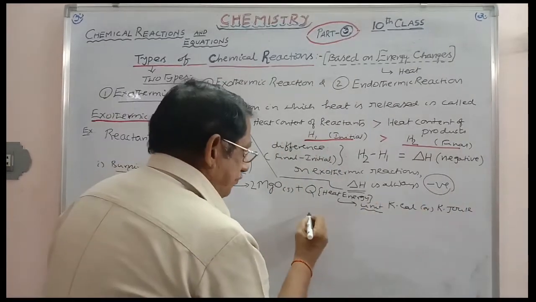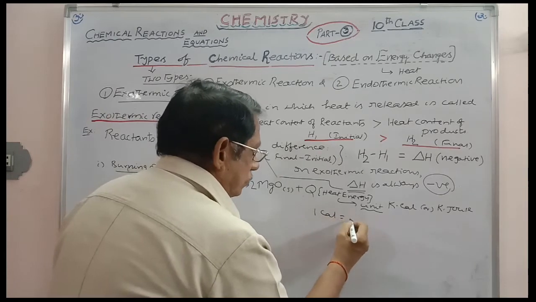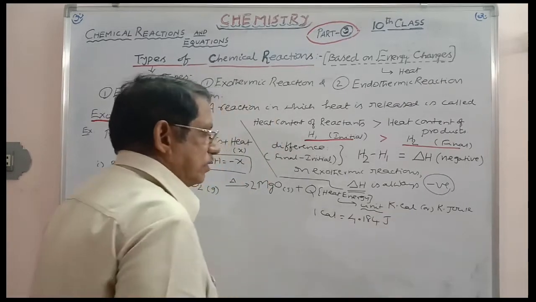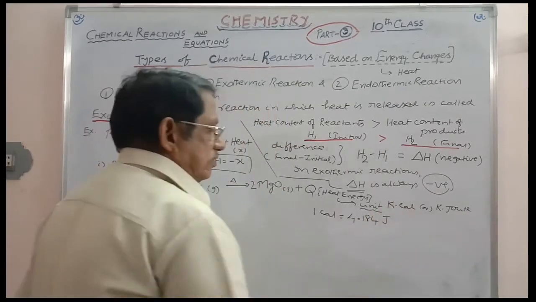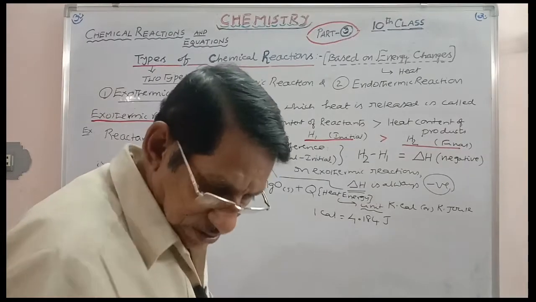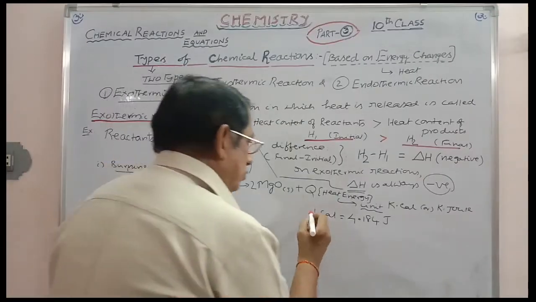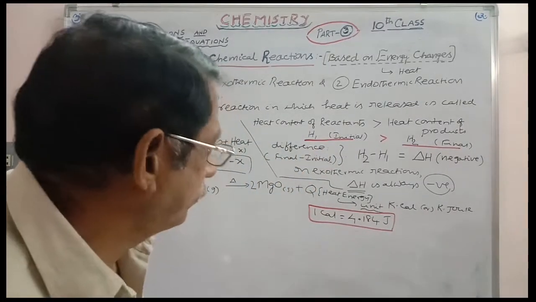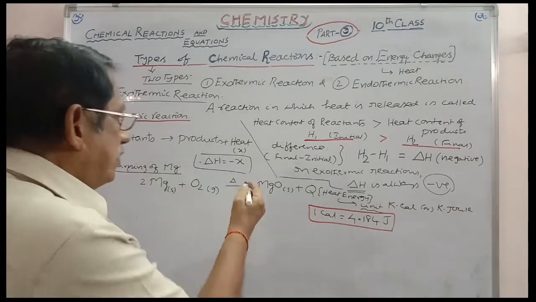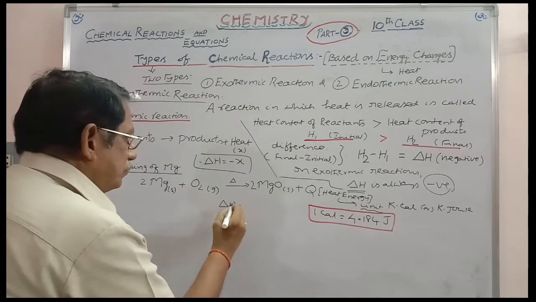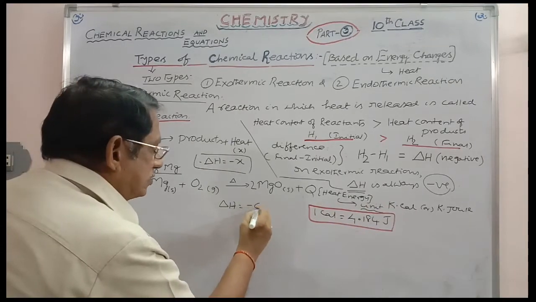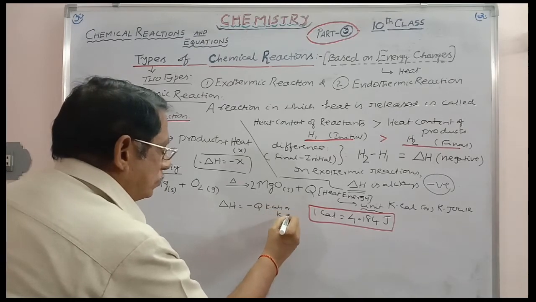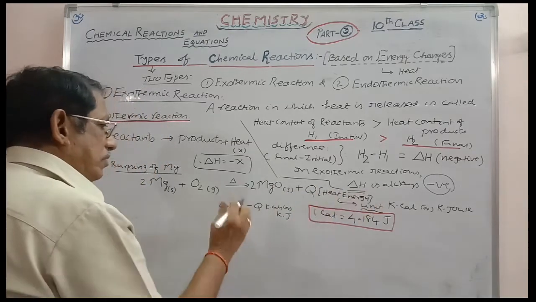There is one conversion. 1 calorie is equal to 4.184 joules, or 1 kilocalorie is equal to 4.184 kilojoules. This is the conversion factor. You can write the heat energy value either in calories or in kilojoules or joules. Okay? So here, if you write delta H for this, as it is exothermic, minus Q, kilocalories or kilojoules. Whatever unit is obtained there, you can write here.